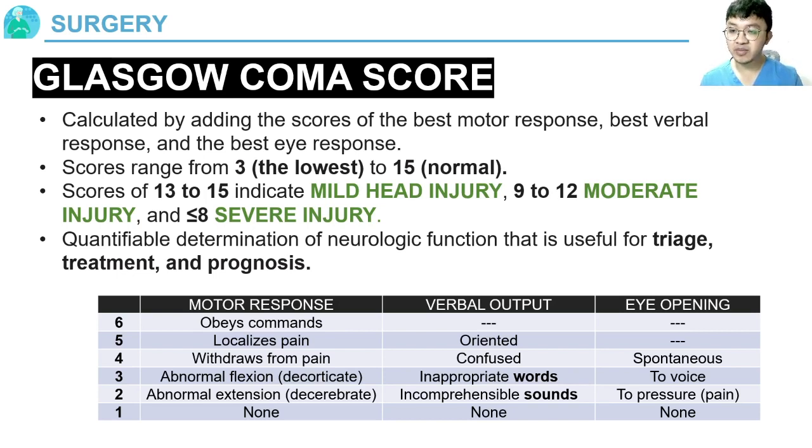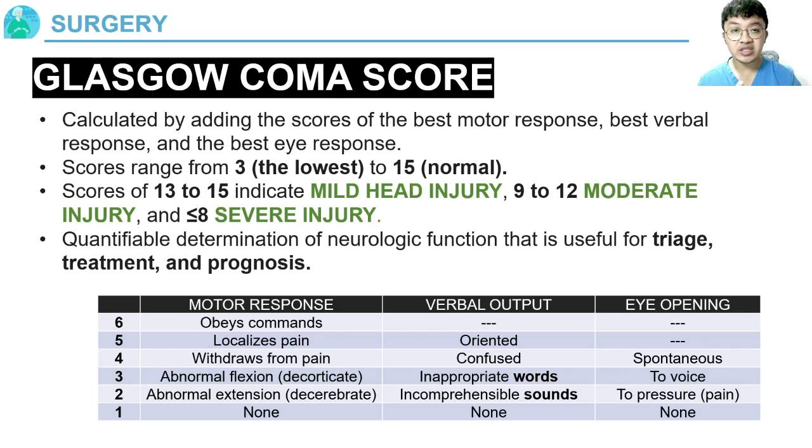We have, again, your motor response, your verbal output, your eye opening. Just to review, your eye opening lowest score is 1, high score is 4. 1 is no response, no eye opening. 2 is to pressure. Previously it was to pain, but now it's more to pressure. We've done away with sternal rub. We've now incorporated a pinch in the nails, pinch in the trapezius, or supraorbital stimulation.